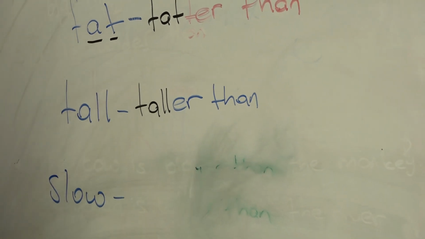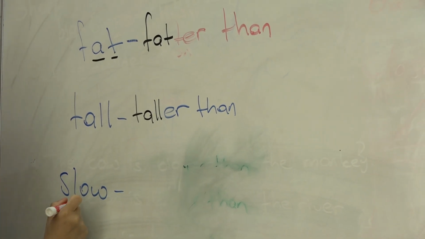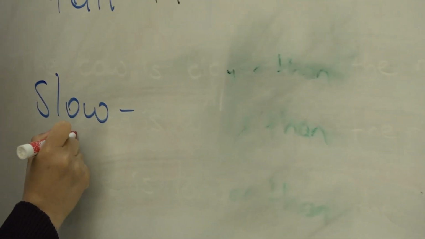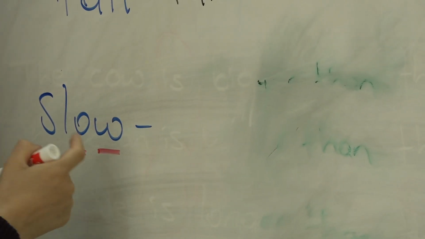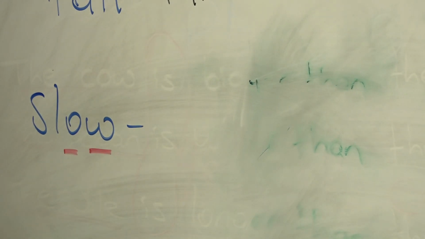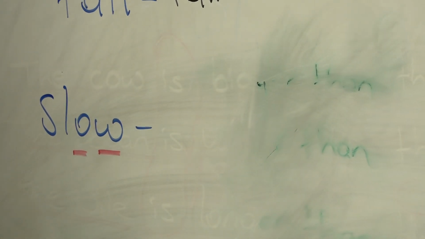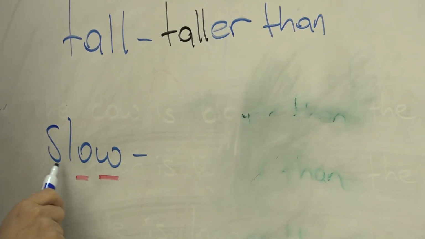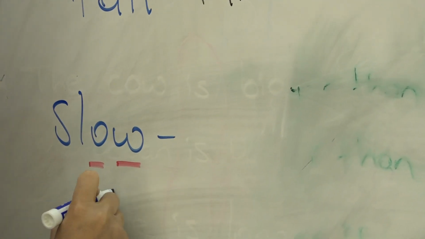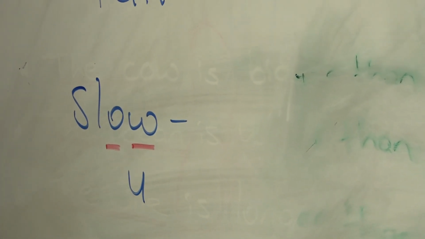Slow. As I explained to you, for a word that ends with a vowel and a consonant, I have to double the consonant. But with slow, when you look at the pronunciation, the adjective ends with the U sound, a vowel sound.